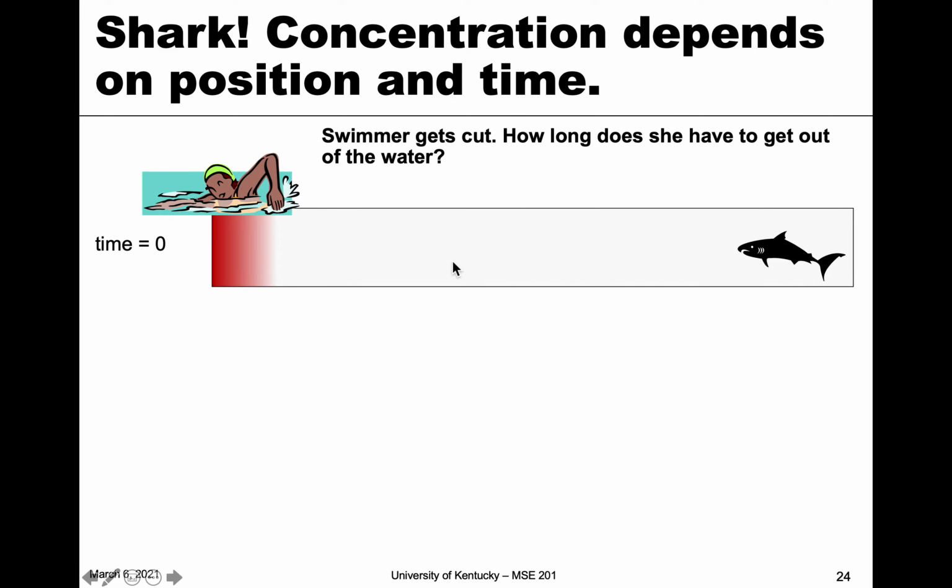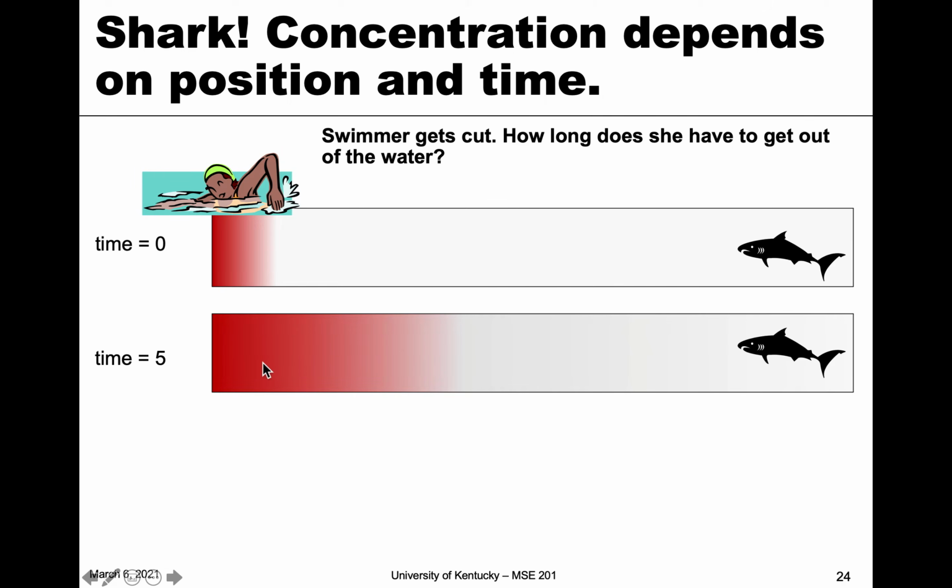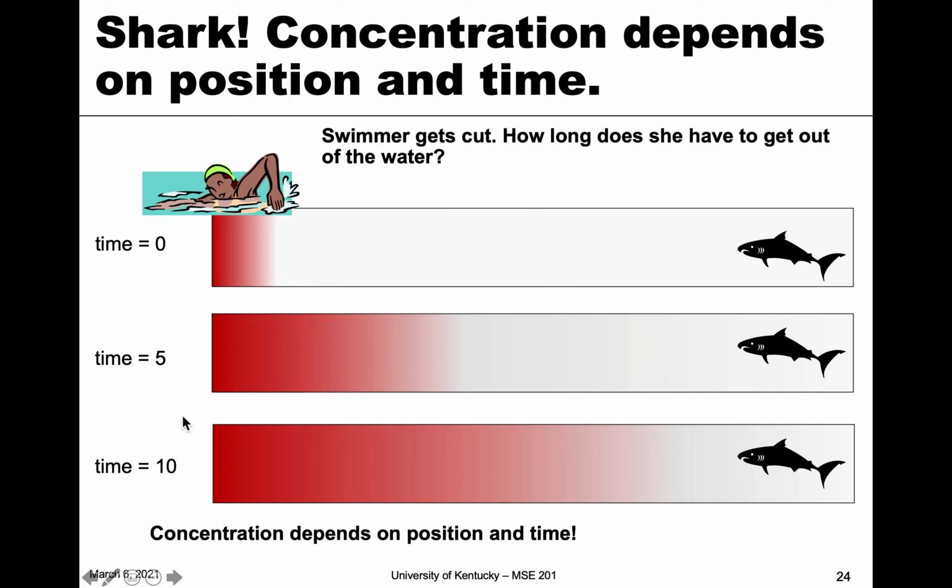So this is meant to be position. And then if we look over the course of time, 5 seconds later, that blood, just like the dye in the example or the coffee, will diffuse out into the water further and further away from you. And if we keep going, that keeps diffusing further and further away.